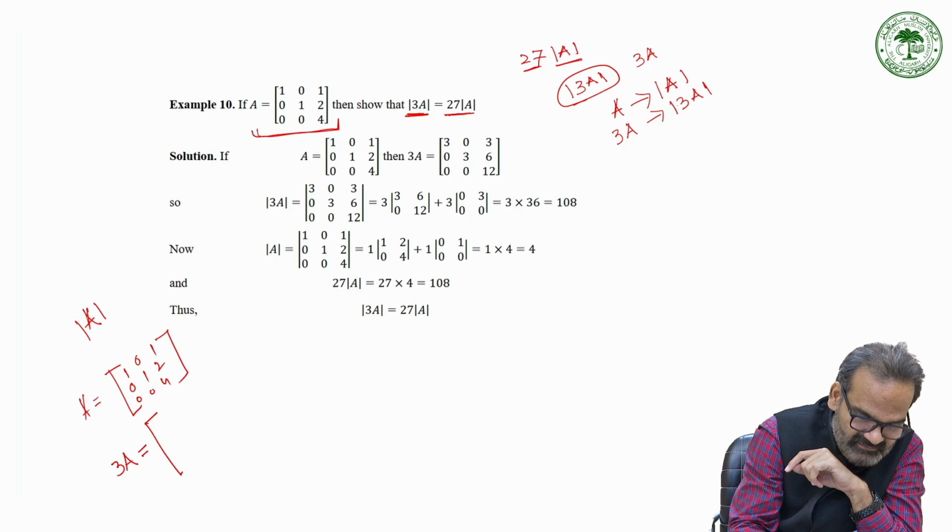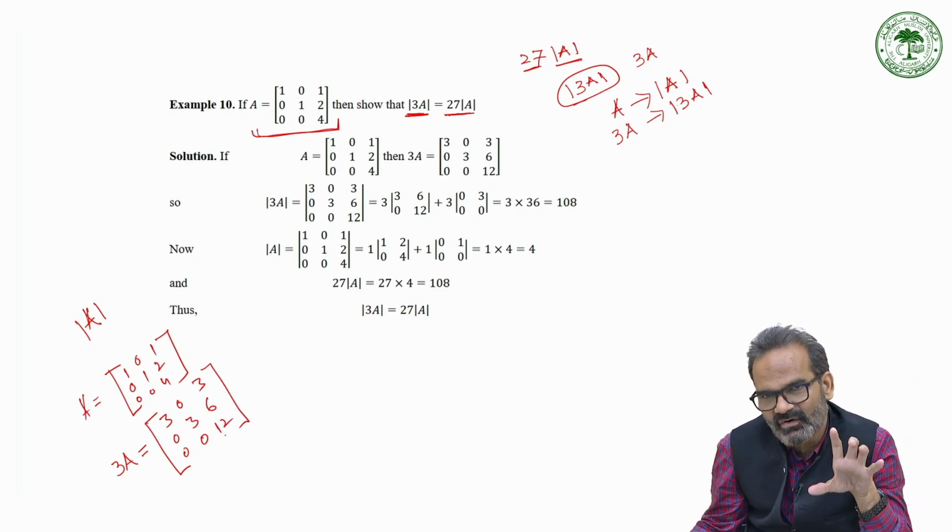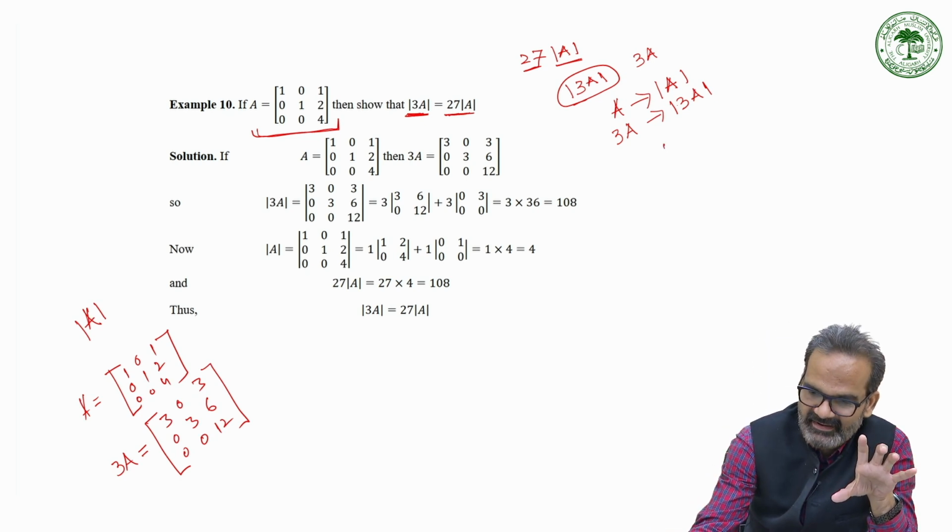So, 3A will be what? 3 0 0, 0 3 0, 3 6 12, means multiply all the elements of this matrix by 3. Clear? Are you getting the point? If A is any matrix, then its determinant is being denoted by determinant of A.